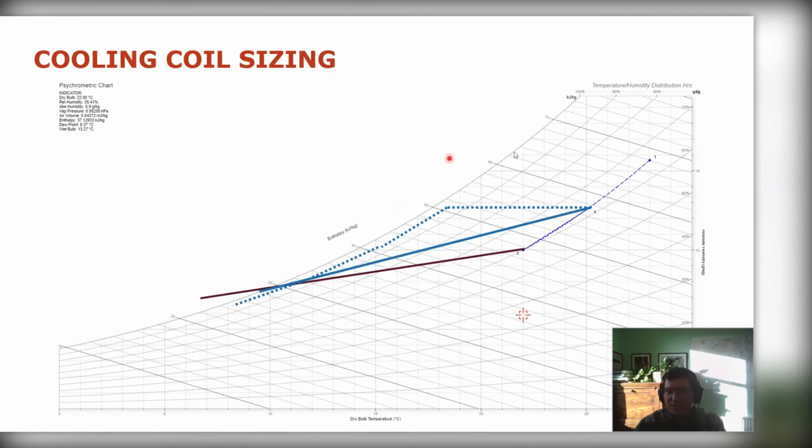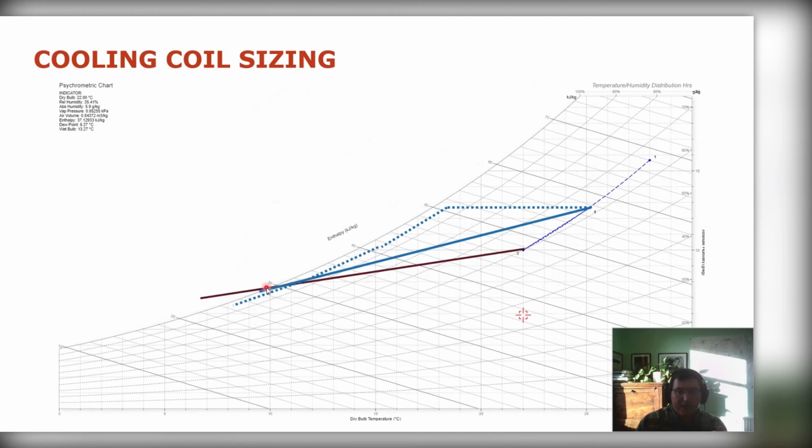Thank you. Excellent. So yeah, just a bit of clarification on what happens here. I think this is the one that I want to highlight. The brown line, similar to the previous chart, is our sensible heat ratio for the room. That shows the gradient between the amount of cooling versus the amount of drying that we want to provide.